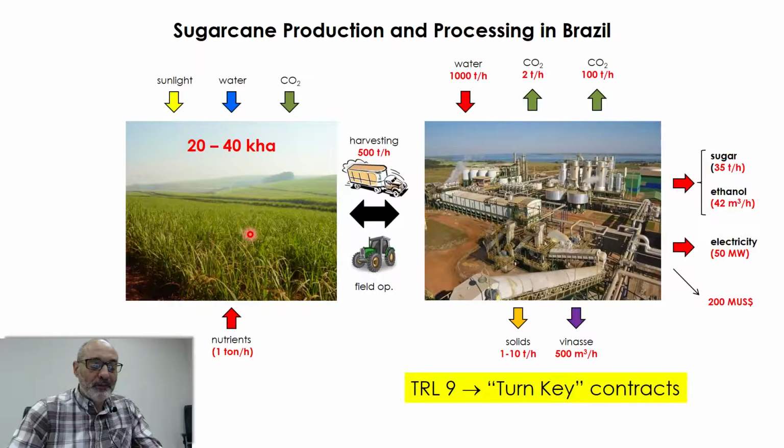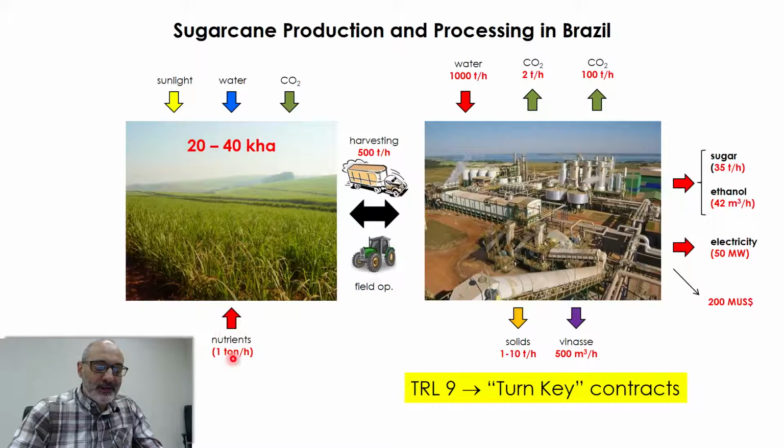Looking from the field, from the plantation side, an important issue is that these plants are removing, obviously, sunlight, water, and CO2 from the atmosphere. There's no problem with this, okay? But this is very important.